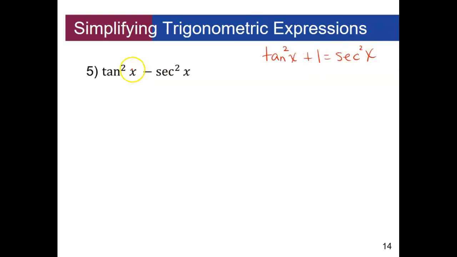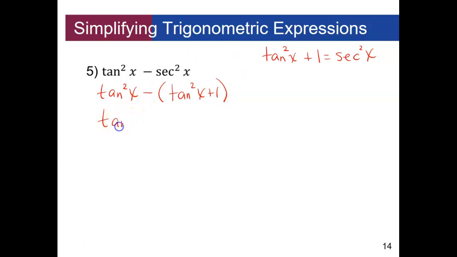So what I'm going to do is come over here and replace. It really doesn't matter which one I replace. If I want to replace secant squared with tangent squared plus 1, that's fine. If I want to replace tangent squared with secant squared minus 1, that's fine as well. I'm going to replace secant squared with this. So I'm going to have tangent squared minus, in the place of secant squared, tangent squared plus 1.